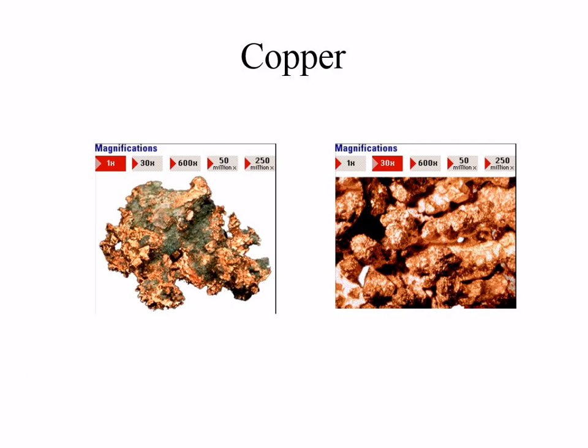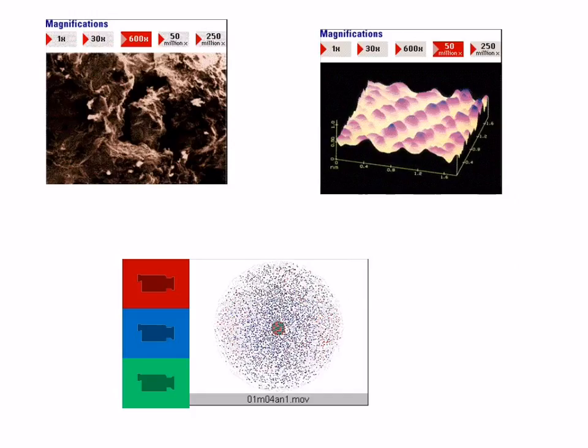Then I have some pictures. Now, it's hard to take a picture of an atom, in part because in order to see anything, let alone take a picture, basically you need light to reflect off of that object.